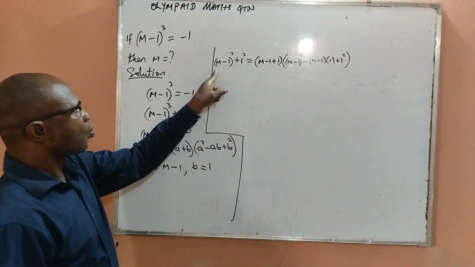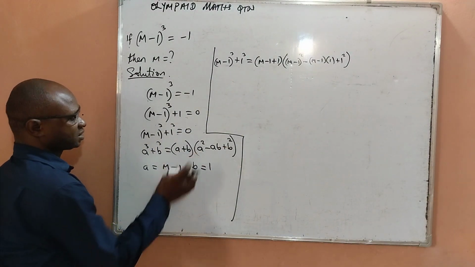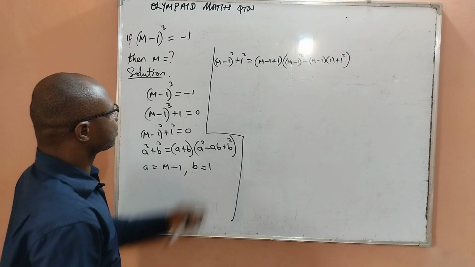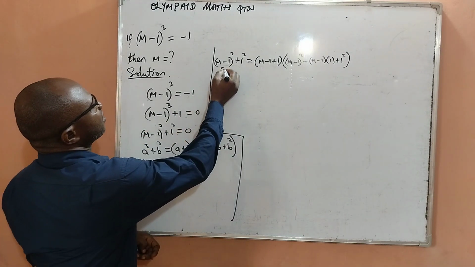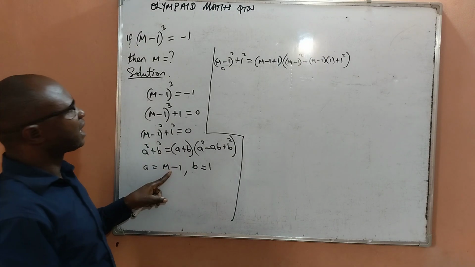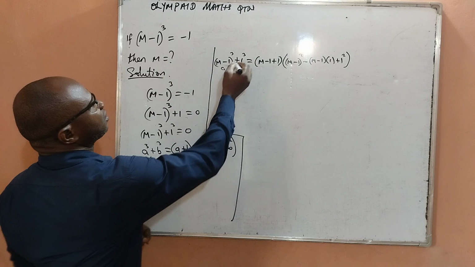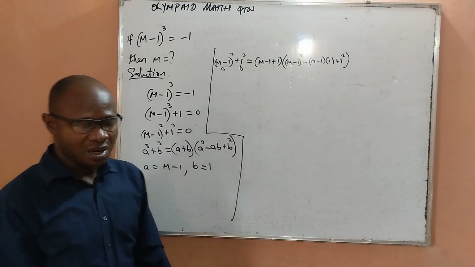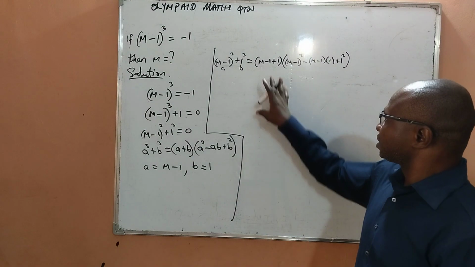What this means now is that I have represented it as a sum of two cubes, where n minus 1 is a and b is 1. Just take a look at it.